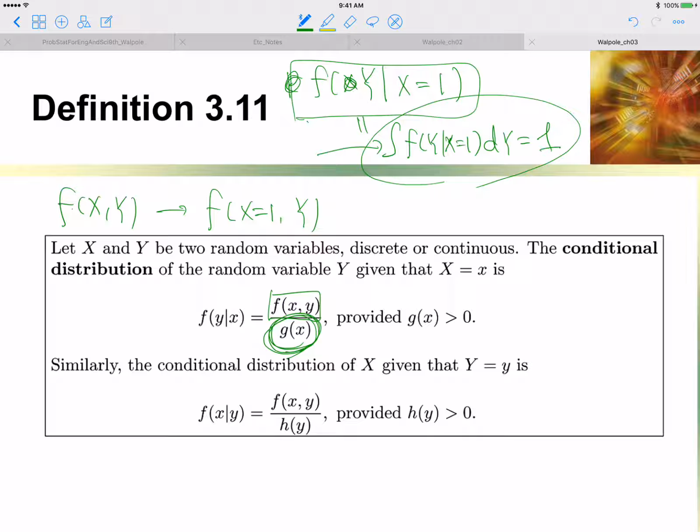And that mountain will not sum up to 1, and thus in order to create this guy, which is the conditional probability distribution, we have to normalize it by this guy.